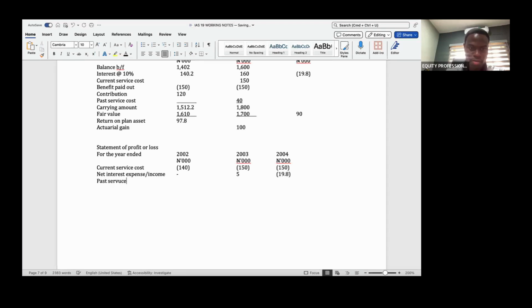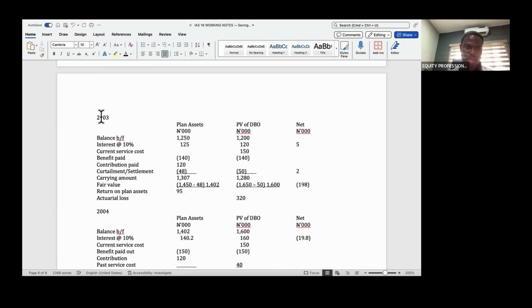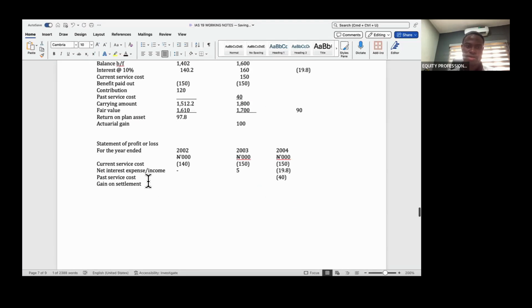How much? This one, 40 in 2004. Expense. Which one again? Don't let us forget gain on settlements that happened in 2003. I guess that's all.